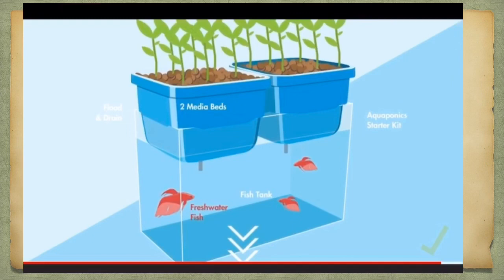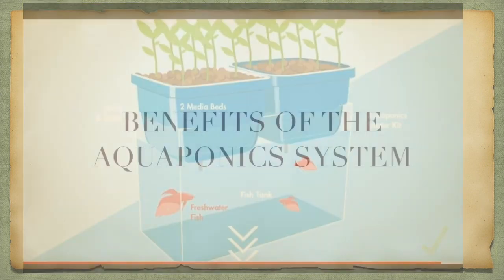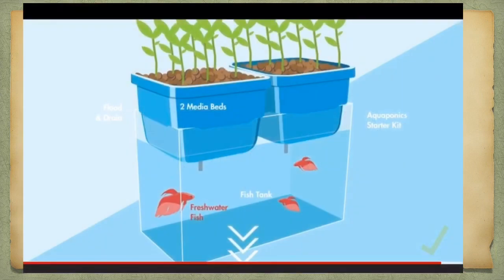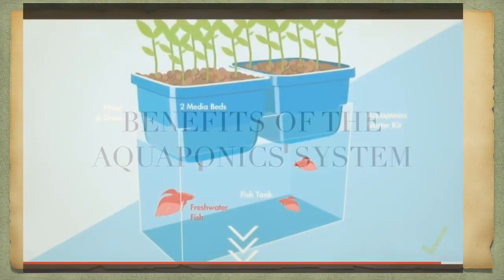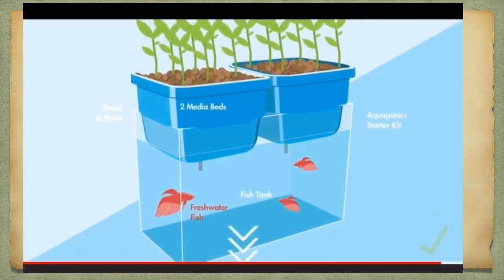So once this happens, then the water from the fish tank containing the feces is pumped up onto the grow bed, after which the plant roots now will absorb the nutrients from the water with the waste, and by doing this, this cleans the water, and clean water returns into the tank. So this is an ongoing process that happens in the fish tank.